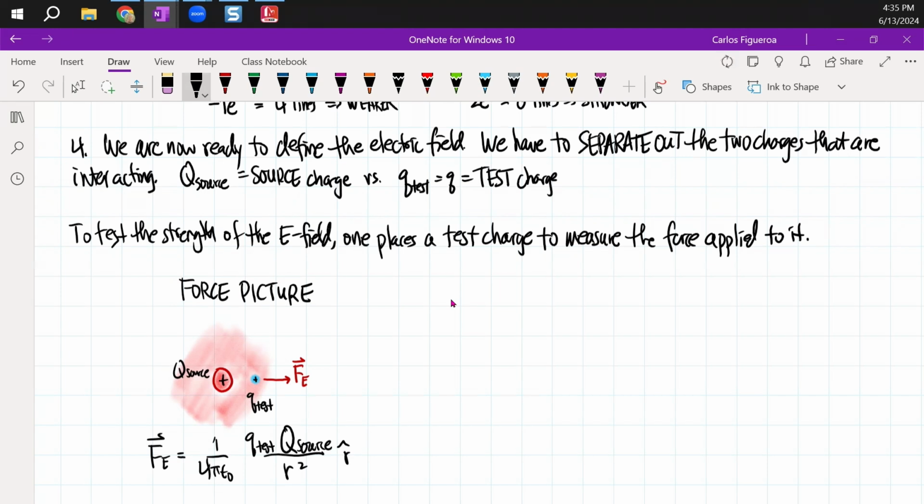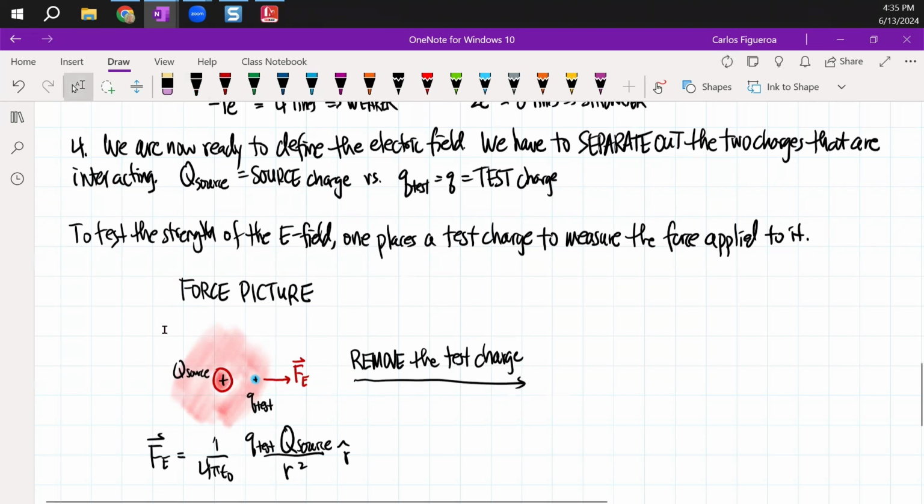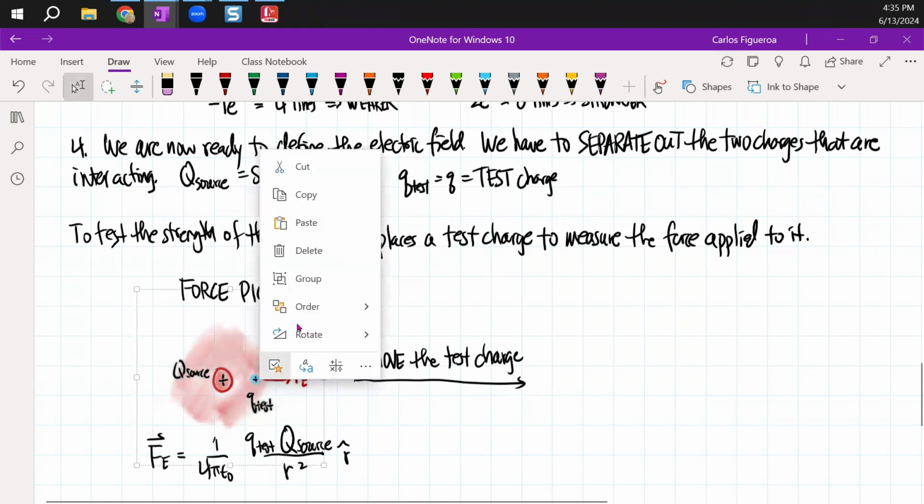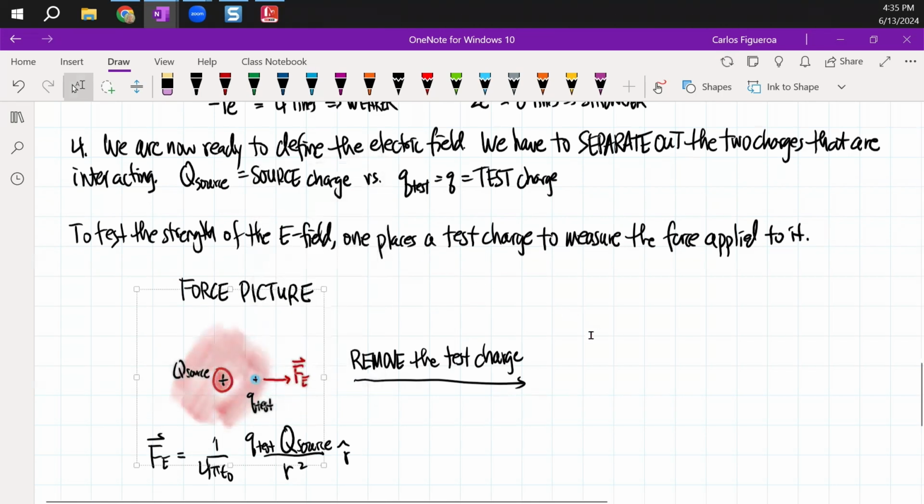So now what we want to do is remove the test charge. If I remove that test charge, I still have this system here. So I'm going to copy this and then modify it a little bit.